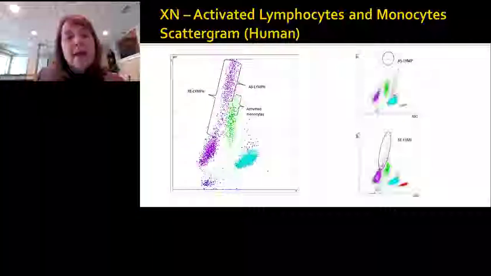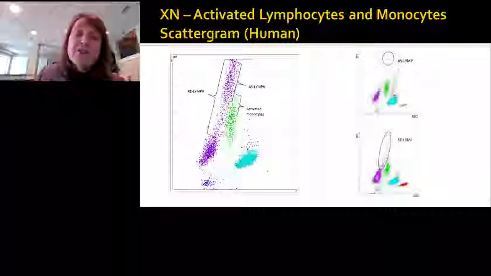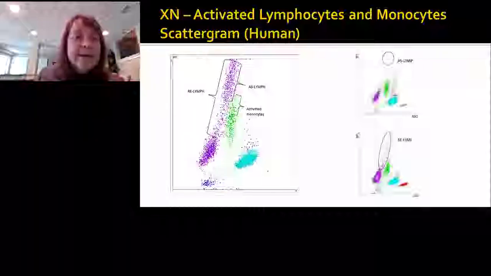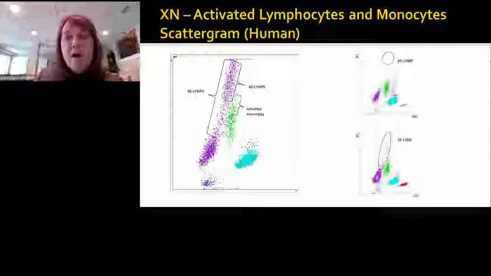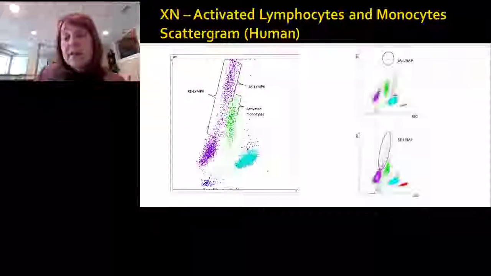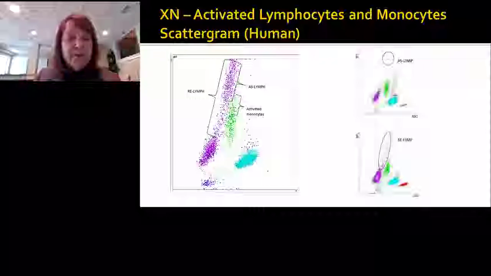And we will get flagging to let us know that we potentially have reactive lymphocytes or potentially have activated monocytes. And those that are actually high enough on the y-axis potentially could be plasma cells or other types of blasts.